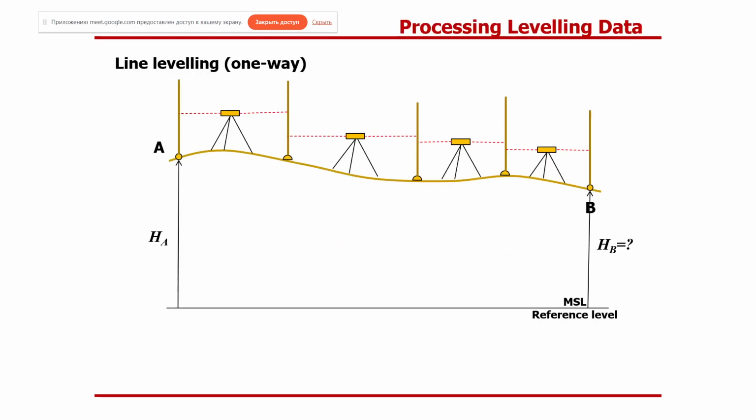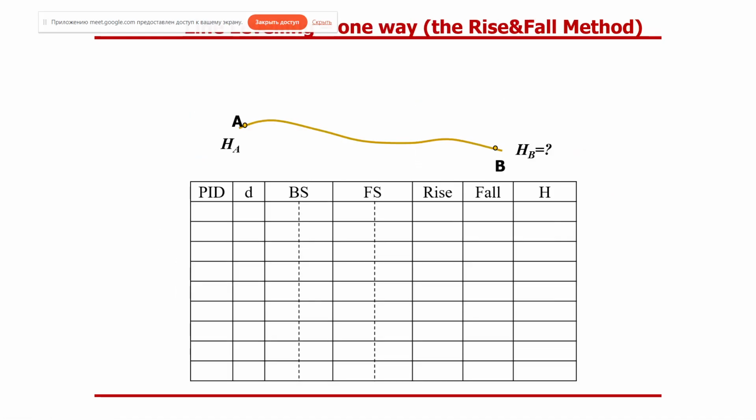Processing leveling data. Line leveling one way. Sometimes we use one-way leveling. It means that we have the leveling line from A to B in the one way.